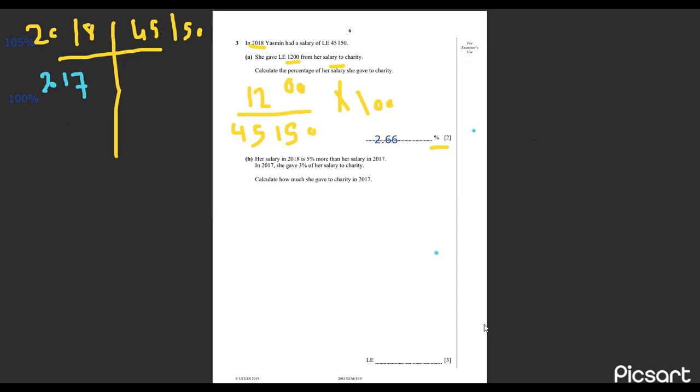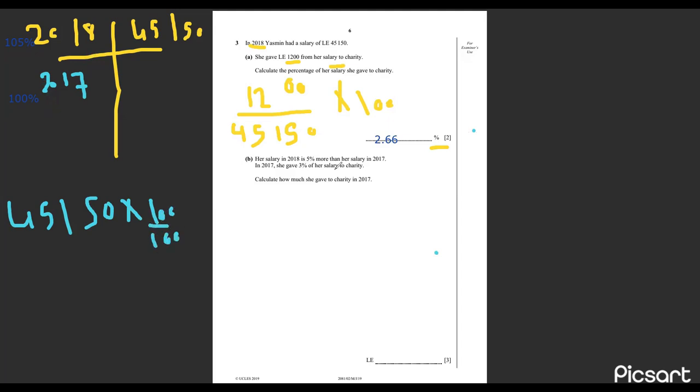Okay, so we need to calculate first her salary. So we make this 45,150 multiplied by 100%, dividing by 105%, which will be decimal as 1.05. So I say 45150 multiplied by 100%, which is 100 over 100, equal to 1.